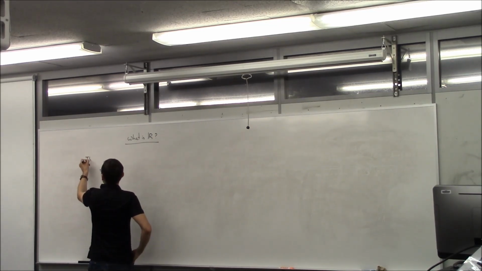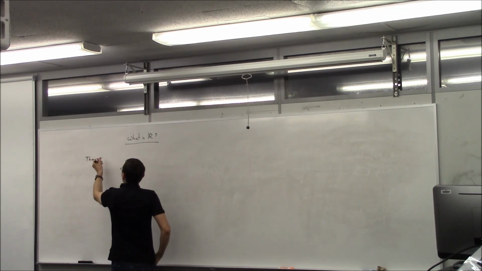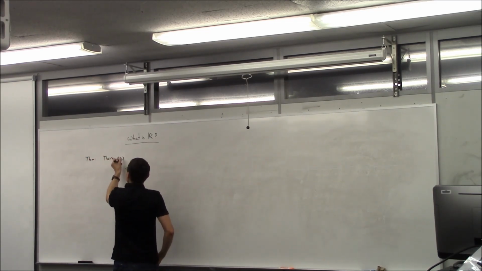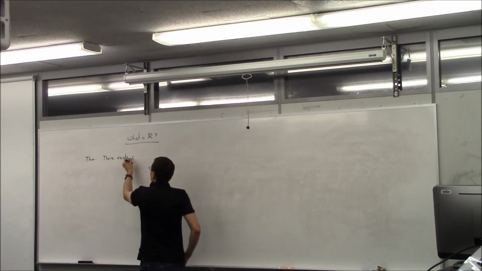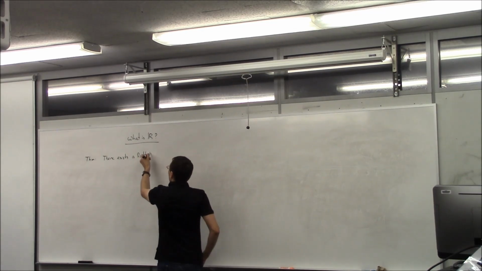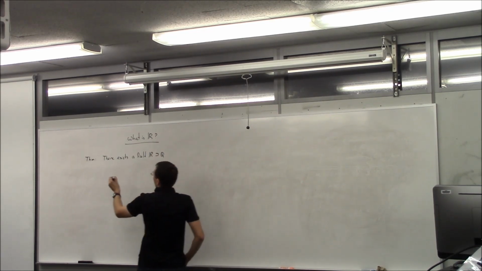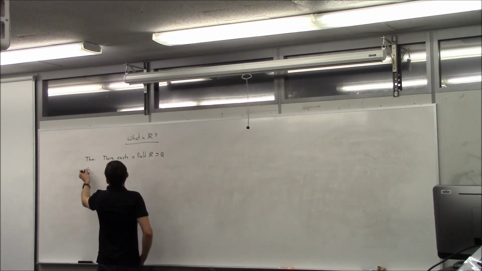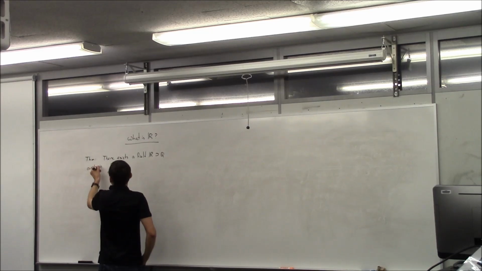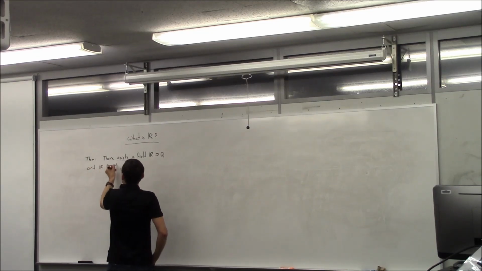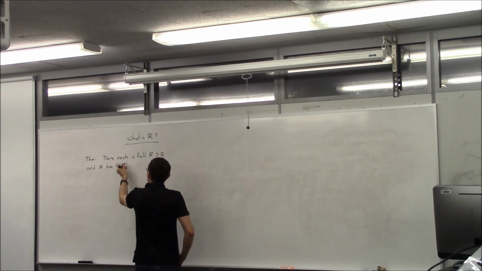Theorem. There exists a field R that contains Q and R has the least upper bound property.